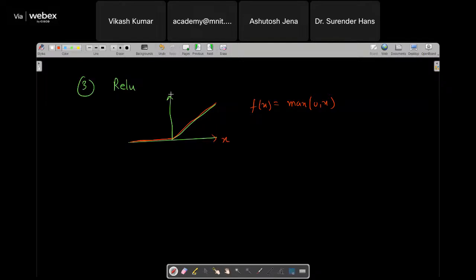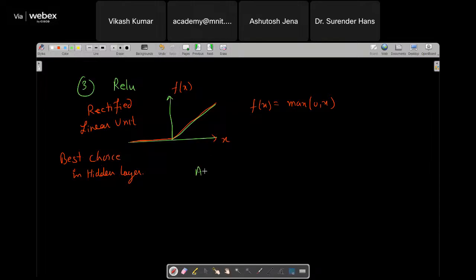This is x, this is f of x. The full form of ReLU is rectified linear unit. That is the best choice in the hidden layer.